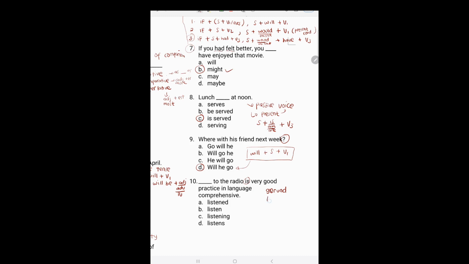What is a gerund? A gerund is a verb form that adds ing, and then the function of the verb is changed into a noun. So a gerund is a verb ing form that has a function as a noun. What is a noun? Noun is kata benda in Indonesian. So the best answer for question number 10 is listening.